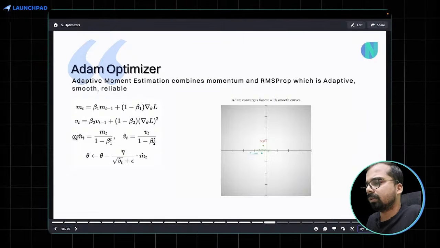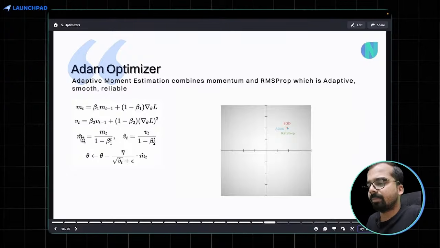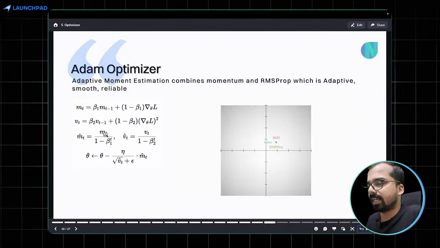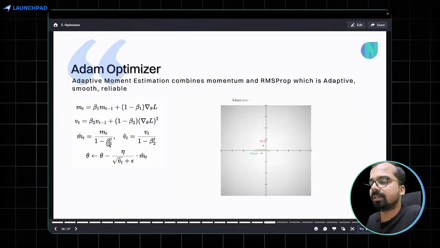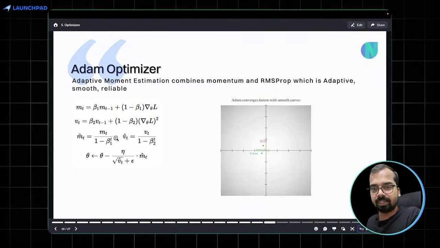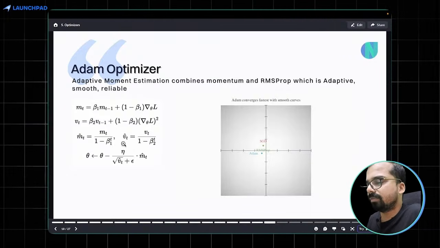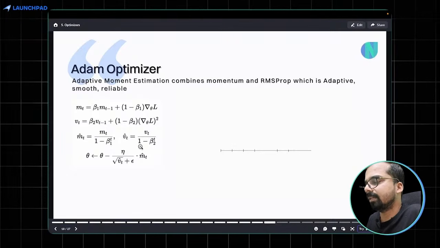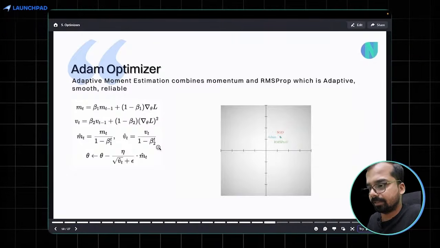In order to adjust for that, m hat t is calculated, that is mt upon 1 minus beta 1 to the power t. T is basically how many time steps we have used, or we can say how many epochs are done. Same thing we'll do for v hat t. It will be vt upon 1 minus beta 2 to the power t.